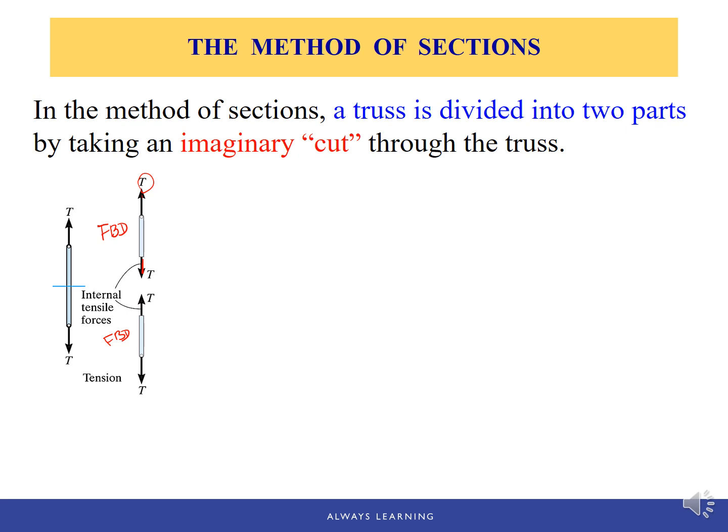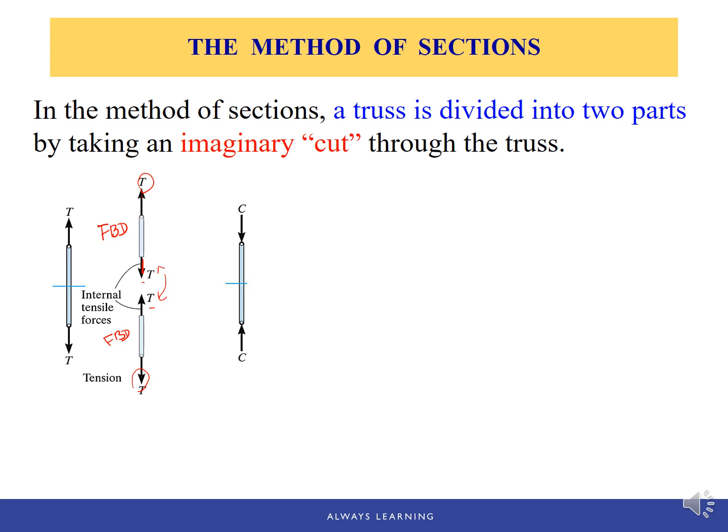For it to be in equilibrium, the internal force must also be the same magnitude as the applied tension and in the opposite direction, which means it's also a tension because it tries to pull this bottom segment apart. Those two forces are action and reaction. They are the same magnitude and opposite direction, according to Newton's third law.